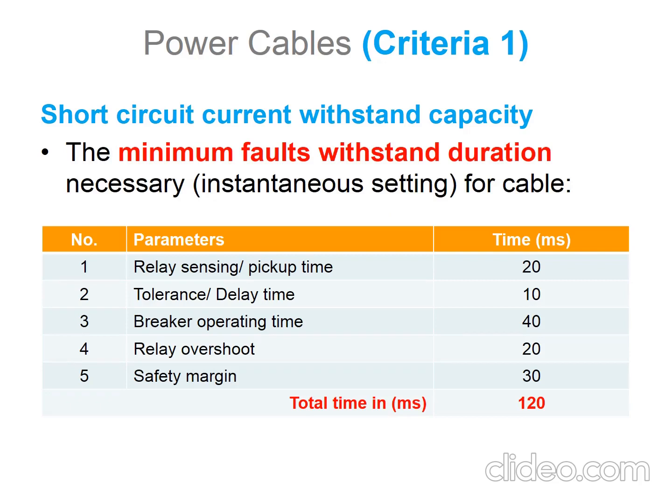We can see here for relay sensing or pickup time, the minimum is 20 millisecond. Tolerance is 10 millisecond. Breaker operating time for the circuit breaker is 40 millisecond. Relay overshoot is 20 millisecond. And lastly, the safety margin is 30 millisecond. So the total time for minimum fault withstand duration is 120 millisecond.